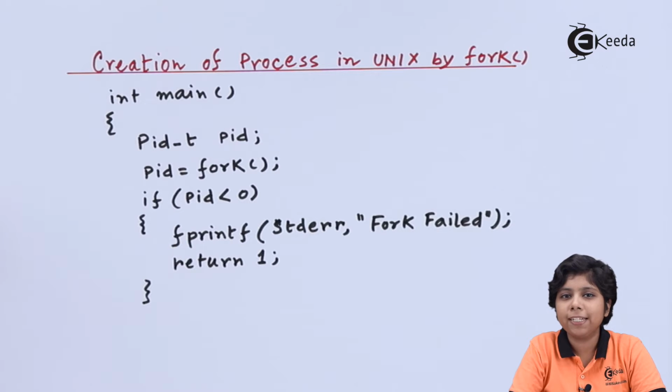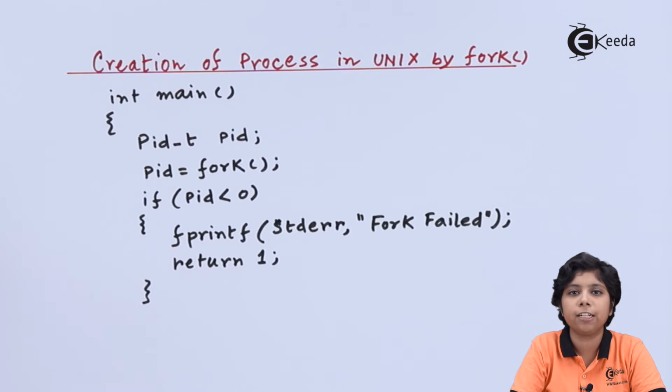See, if the pid has a negative value, then the creation by fork has not completed. Here we are displaying a standard error message that the fork failed, and it returns an integer to the system so that it can identify that the fork has failed and the child has never been created.